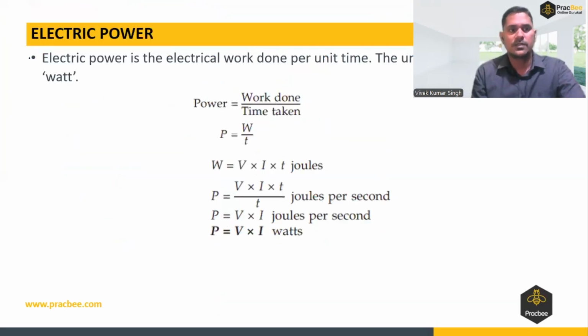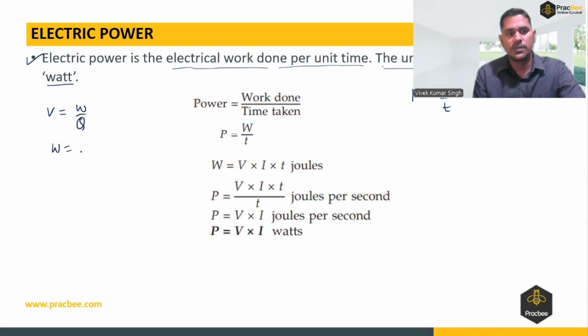Now let's see electric power. Electric power is the electrical work done per unit time. The unit of power is called watt. So we know that power is equal to work done upon time. And from the potential equation, we know that potential difference is equal to work done per unit charge.